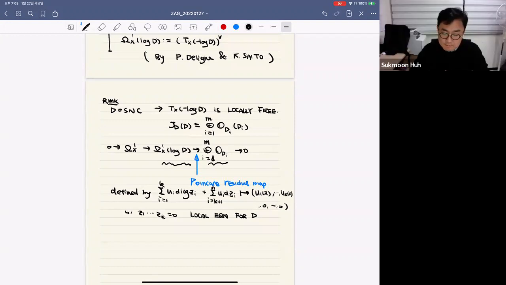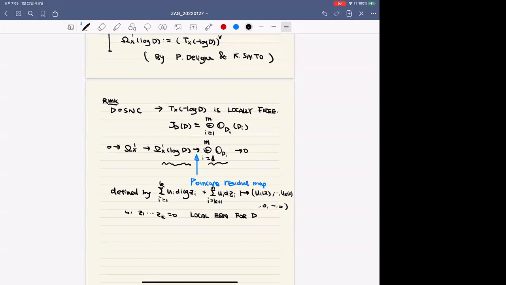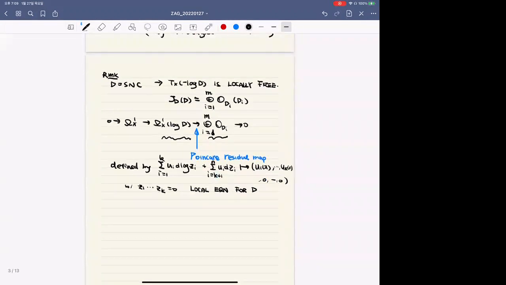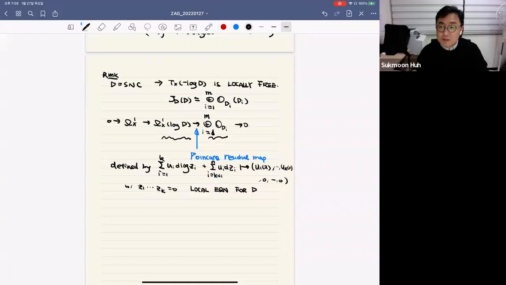Yes. So locally, this residue map is defined by this. You mean K is not equal to M? Different. No, because globally there are M components. But locally, local. okay. Okay. Okay. Are there other questions?